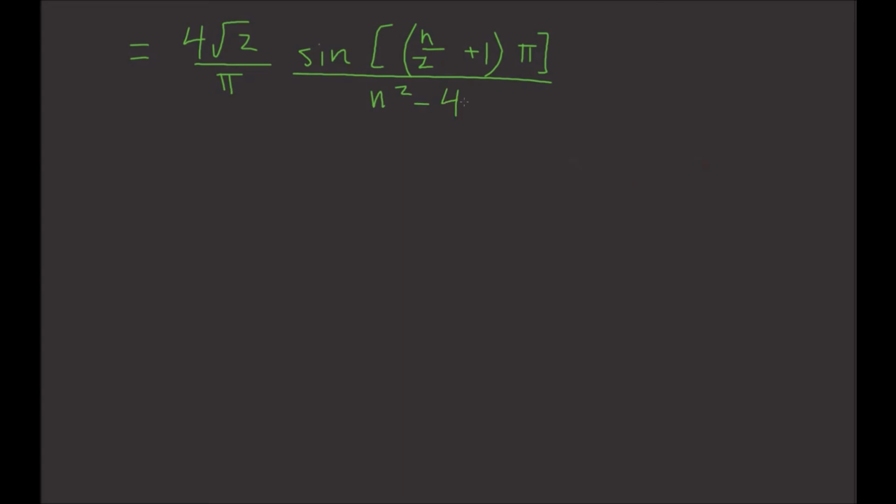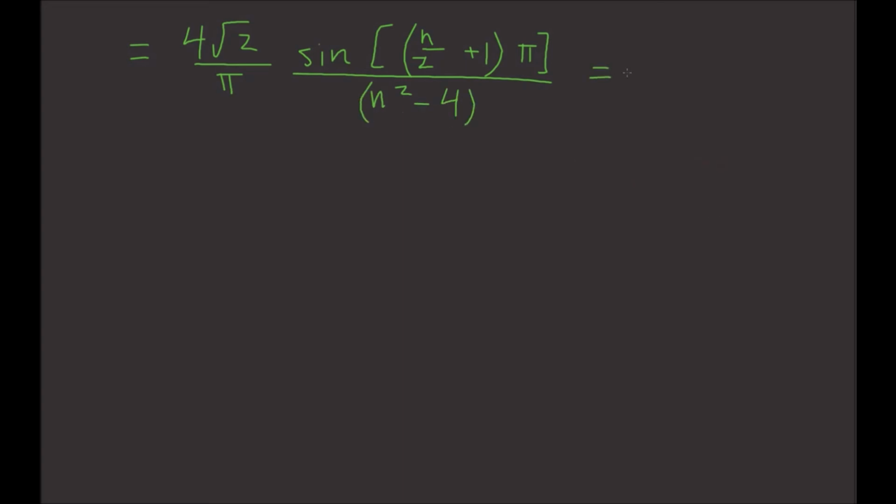We get, after a lot of algebra, I recommend you do this, 4 times the square root of 2 divided by pi times the sine of n over 2 plus 1 times pi divided by n squared minus 4.